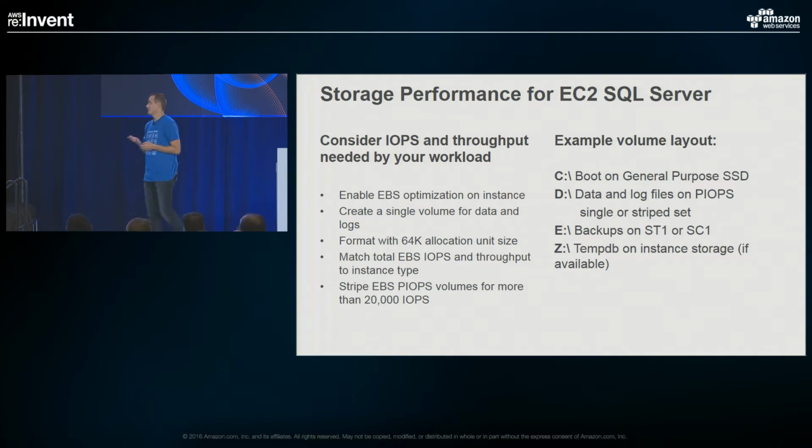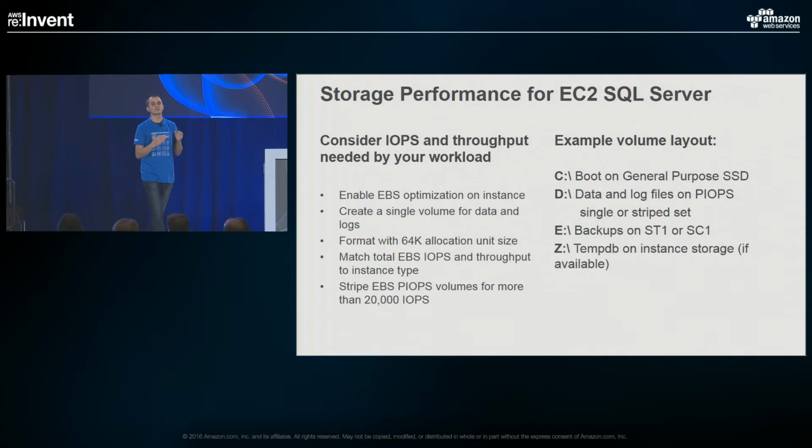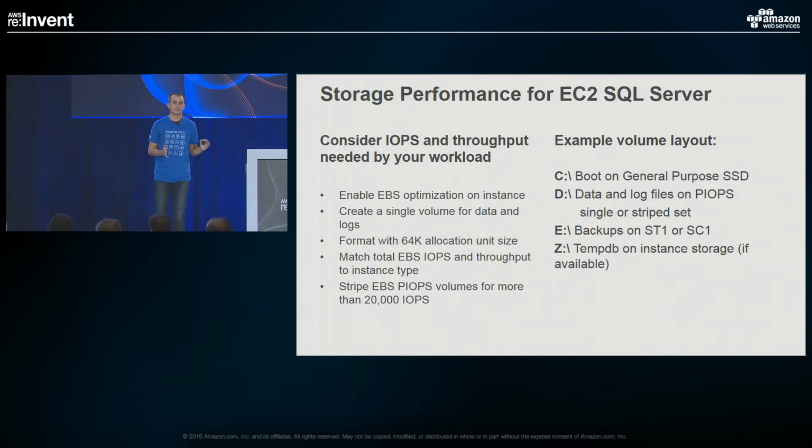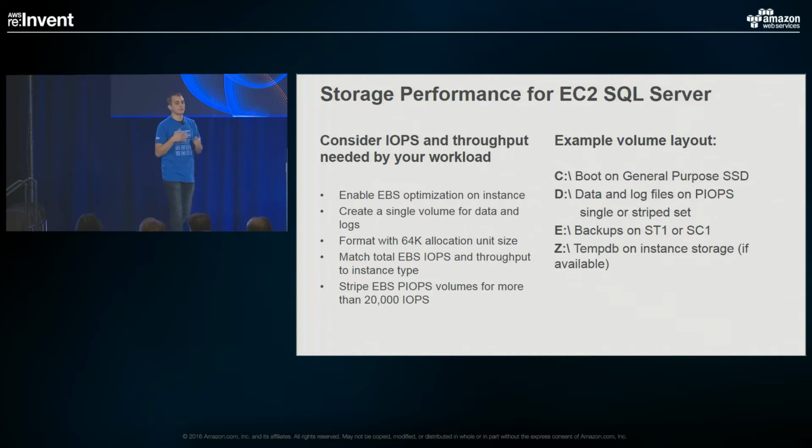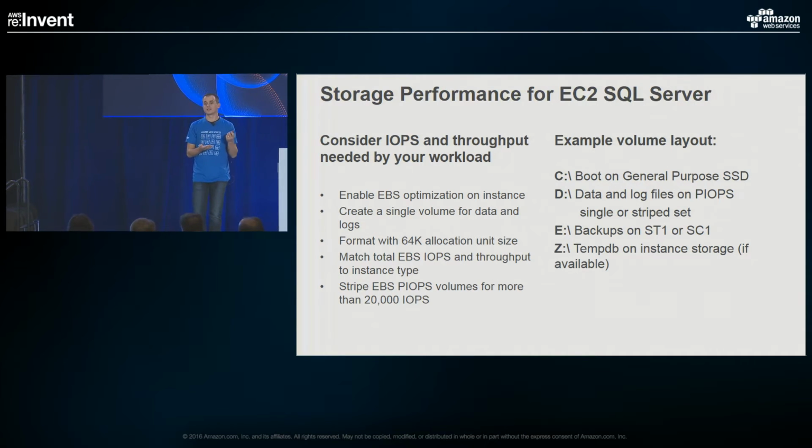And then pick an instance type that can support the level of IOPS and throughput that your workload needs, specifically if you're using EBS volumes. Different instances will provide different levels of EBS optimization. It's all documented on our website exactly how many megabits per second in terms of throughput they support. So you want to make sure that your instance first is not the bottleneck itself.